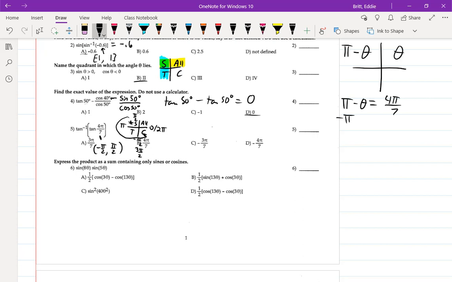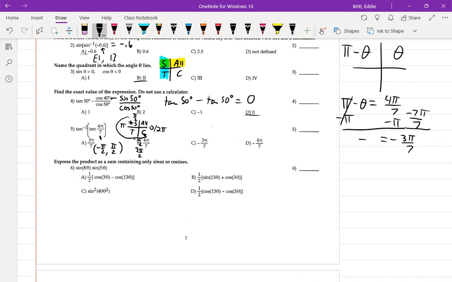So I subtract pi from both sides. I have to get a common denominator. Since this one already has a denominator of 7, my common denominator is going to be 7. So 7 times negative pi gives me negative 7 pi. So 4 pi over 7 minus 7 pi over 7 is negative 3 pi over 7.